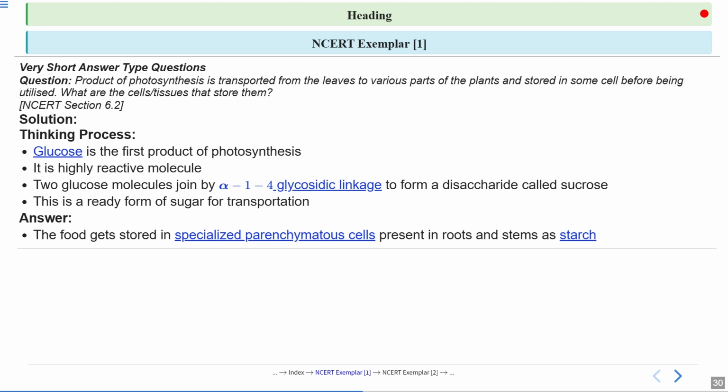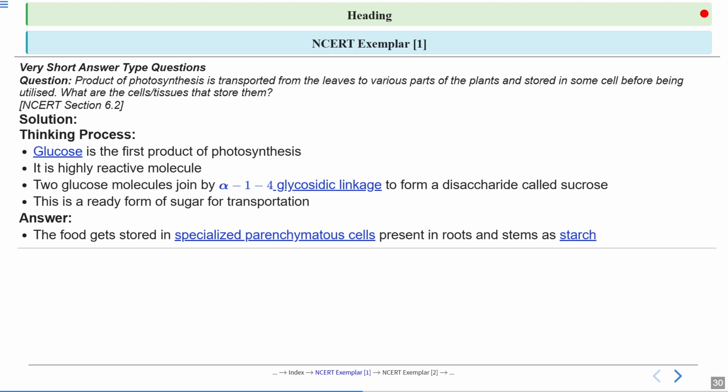Yes, but what is the transportation material? Sucrose. What is the formed material? Glucose. And what is the stored material? Starch. Now you can understand clearly why glucose is synthesized in photosynthesis, and during transportation the glucose changes to sucrose, a disaccharide.